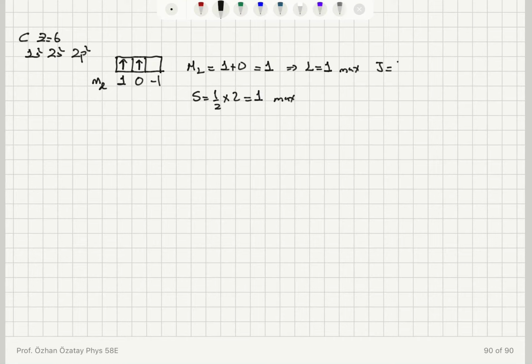But J is L minus S, which is 0 because less than half full shell. Okay, so in order to find these electron configurations, we have the Aufbau principle, and the Aufbau principle is the following.